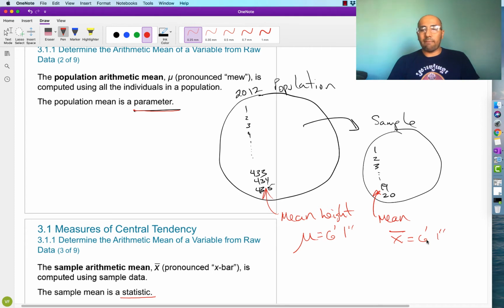It might be that the sample is exactly the same as the population. But it could also happen to be the case that it's just a little bit different. Maybe in our sample, the mean height was exactly 6 feet, 0 inches. Or maybe our sample was just a little bit different. Maybe it was 2 inches. Right? It depends on which of those 20 people was selected.